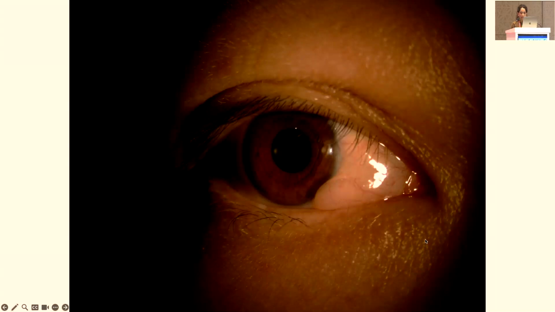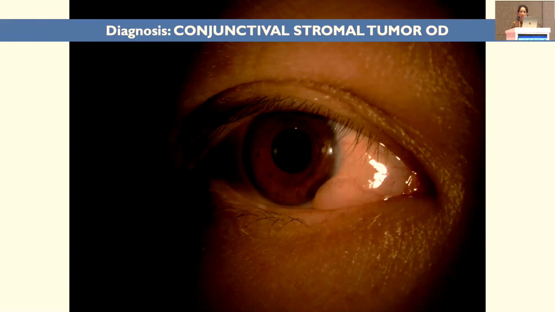Pretty rare. It was during that time that a series of this particular tumor was published, and I thought it could probably be that and excised it, and it's a conjunctival stromal tumor. It's called COAST, very similar to a transparent, fleshy conjunctival myxoma, which can be associated with cardiac myxoma.